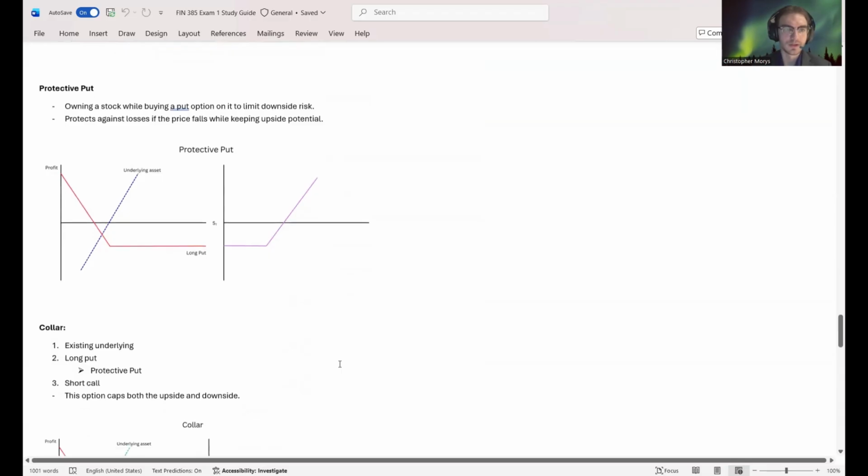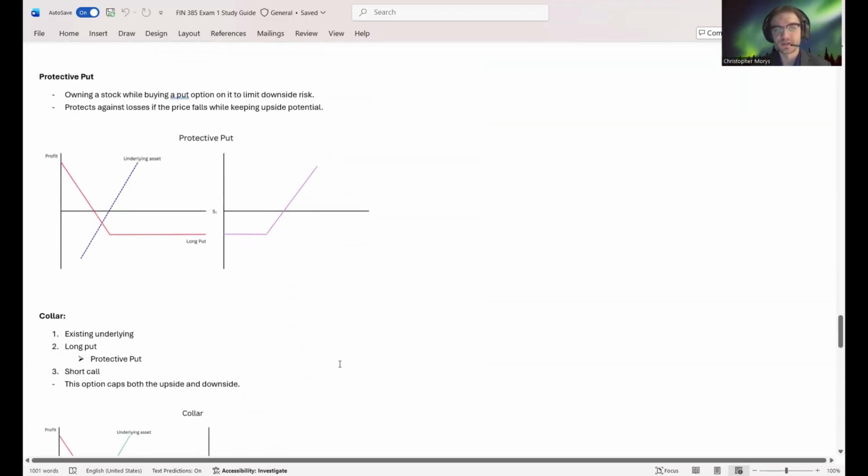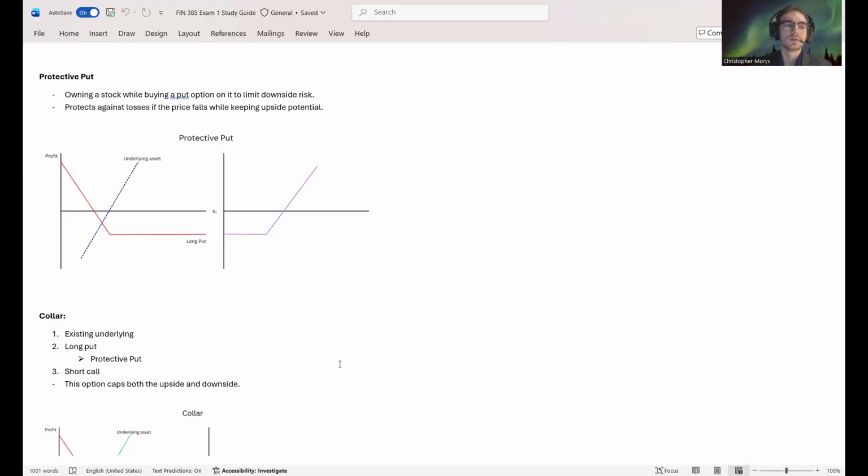All right. Our next option strategy is a protective put. Within the strategy, it entails owning the stock while buying a put option on it to limit the downside risk.